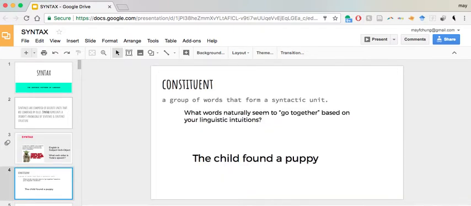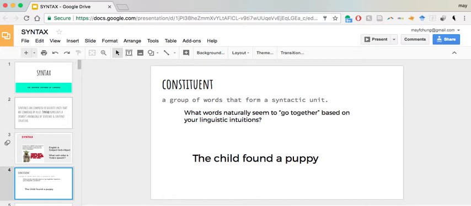So let's start with a test to figure out what groups of words form a syntactic unit. What naturally goes together and forms sentences based on your linguistic intuitions about a language? Take the sentence we have here, "the child found a puppy."